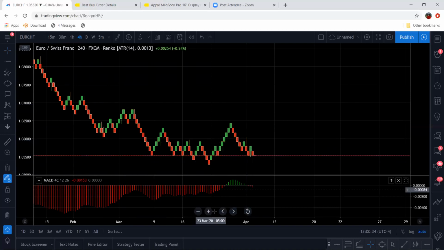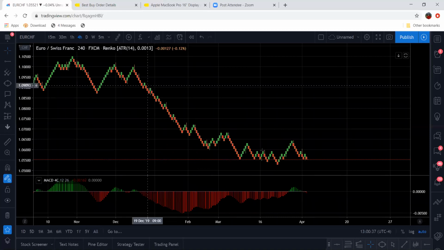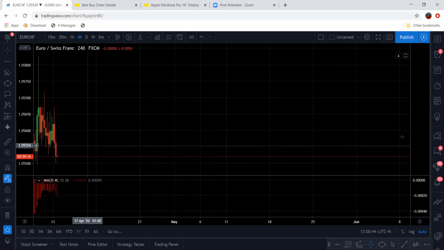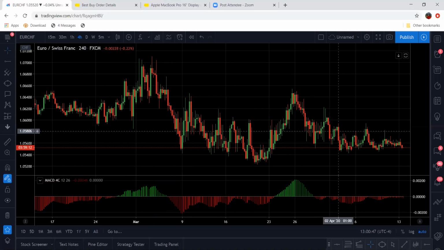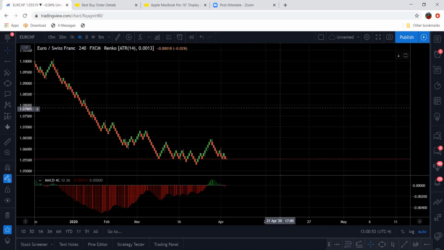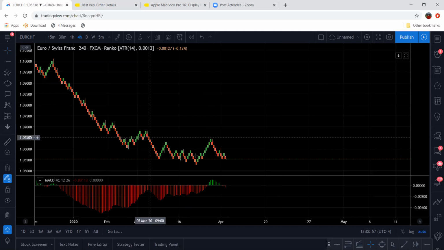So this allows traders to trade a lot more smoothly. Look at the difference between this and candlesticks. Again, very choppy, very noisy, very annoying. Renkos: clean, not so choppy, not so noisy, clear direction of where the market is going.